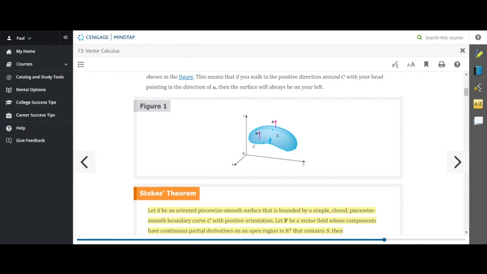You see that in figure 1? The rim or boundary of the surface is the closed curve C. So think of a balloon. Just think of blowing up a balloon a little bit. The balloon is the surface, right?